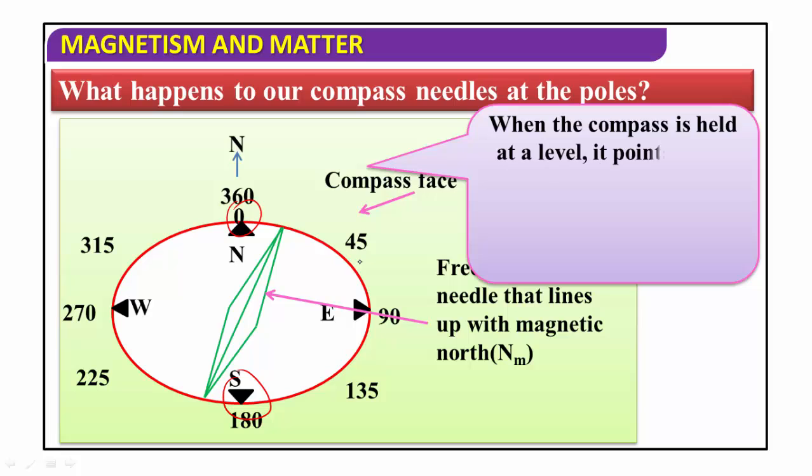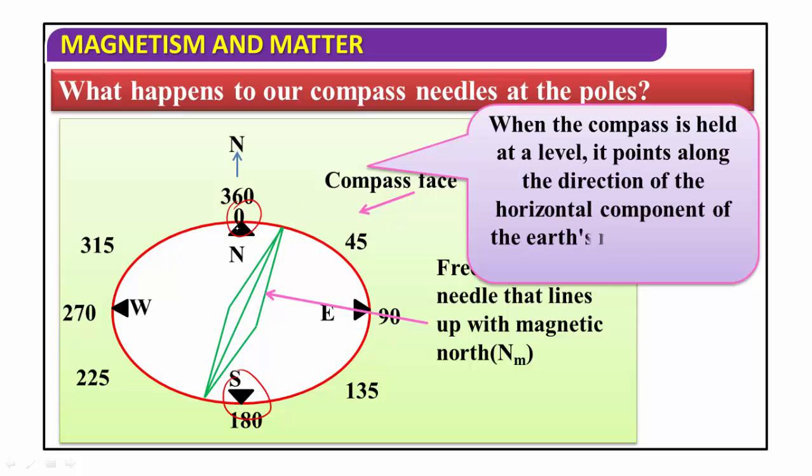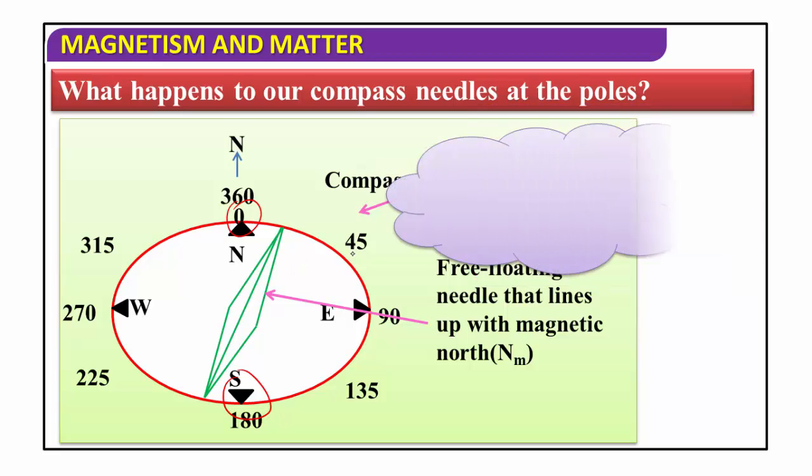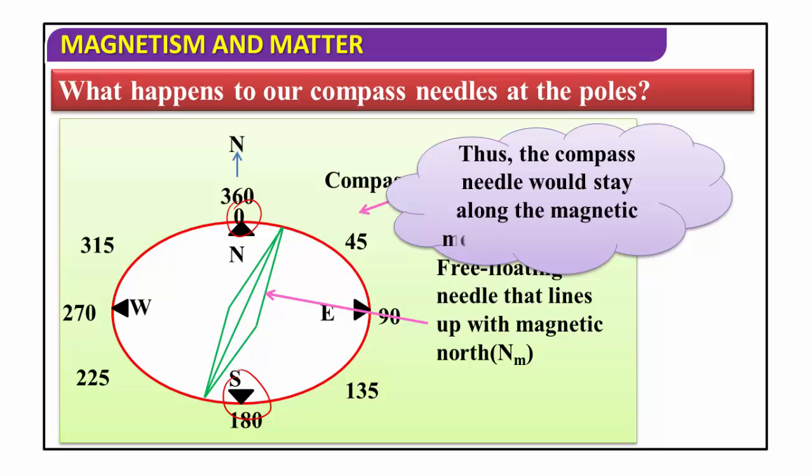When the compass needle is held at this level, see this diagram, it points along the direction of the horizontal component of the earth's magnetic field at this location. Therefore, the compass needle stays along the magnetic meridian of the place.